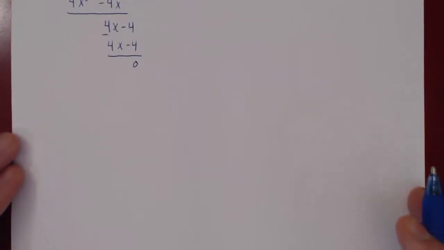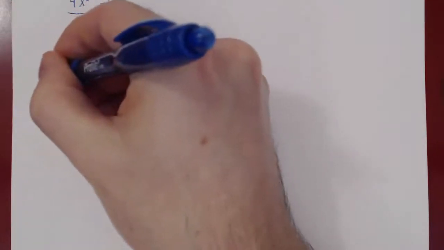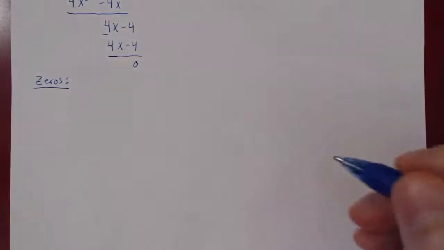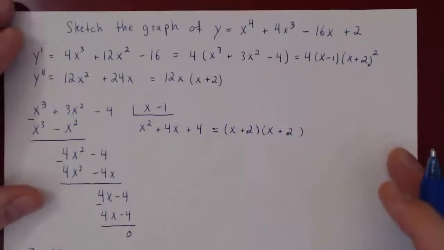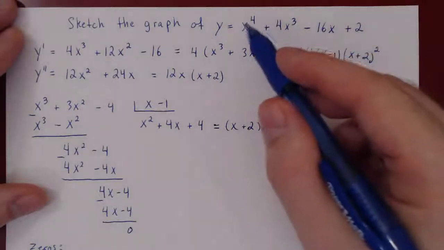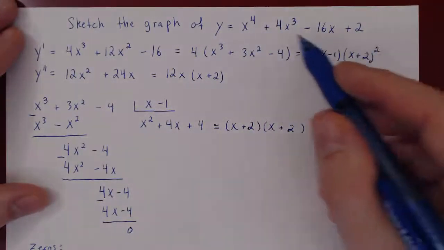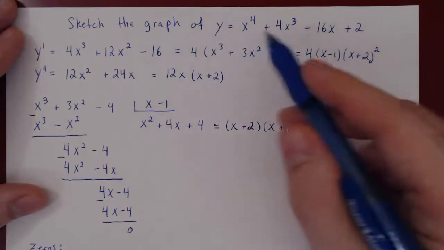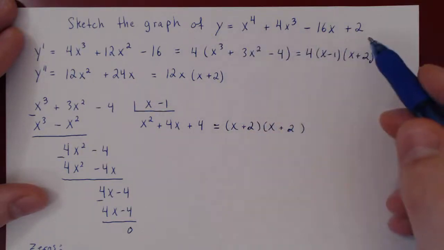So the first thing we look for, if possible, are zeros of the function. The zeros are the x-intercepts, values of x where the function is 0. But if you look at the function, it is a quartic polynomial, and it's really not obvious what the possible zeros of this function are. And actually, the zeros tend to be irrational numbers.